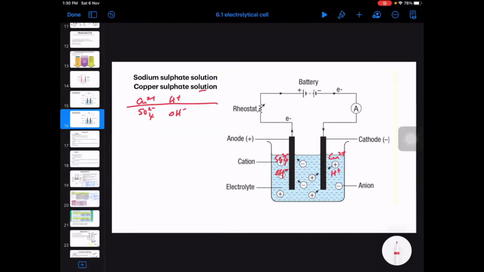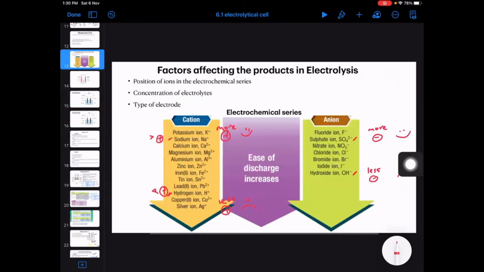So we are going to choose between copper and hydrogen. Which one to choose? We look at the electrochemical series. Copper is here, hydrogen ion is here. Hydrogen ion is more electropositive because hydrogen ion is above the copper ion. Copper ion is less electropositive.